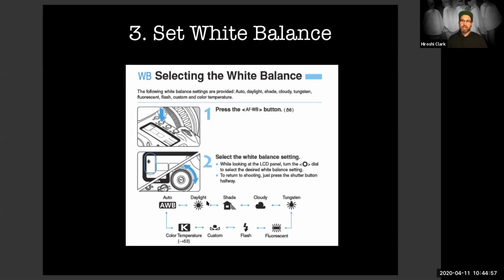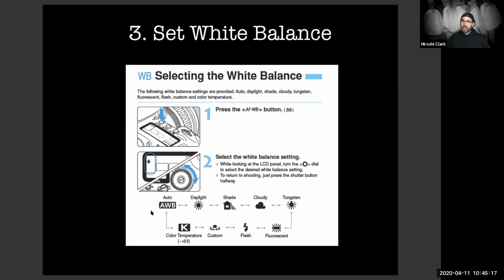Then maybe I want to set it to either daylight or auto white balance so that I've got that out of the way. Now I can figure out, maybe I want my hat on backwards, maybe I don't want my glasses, all those things. It helps in the shooting process to have the white balance set correctly.